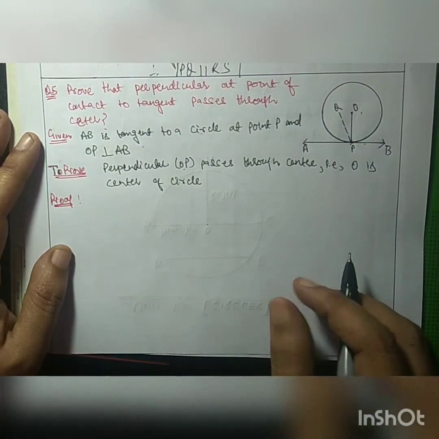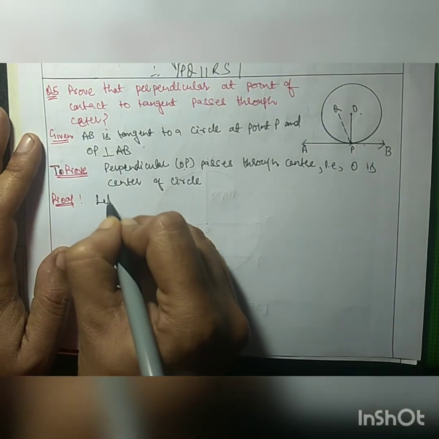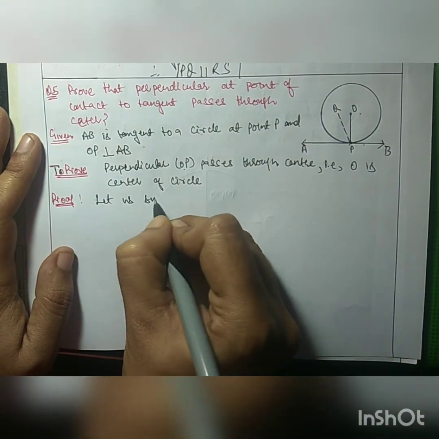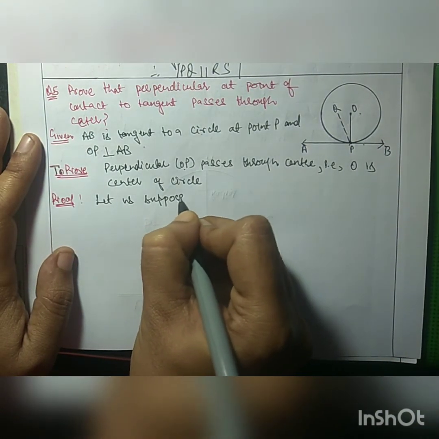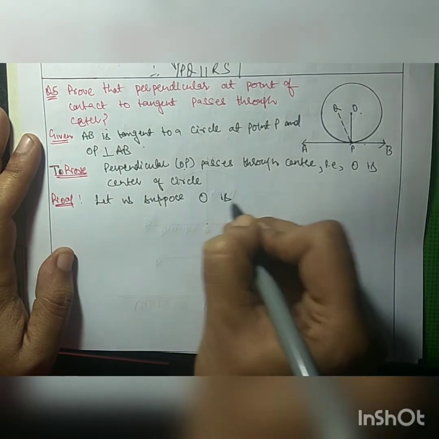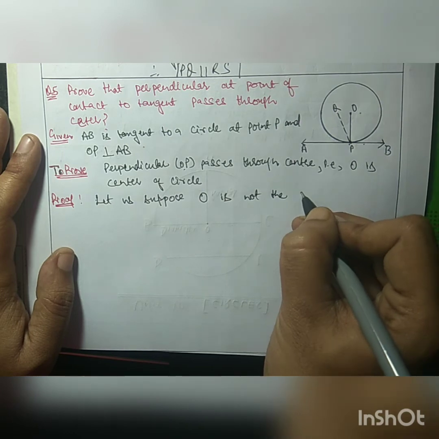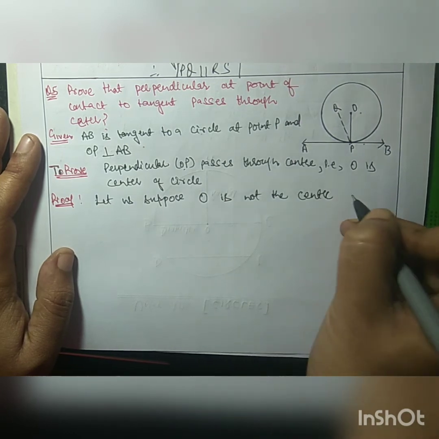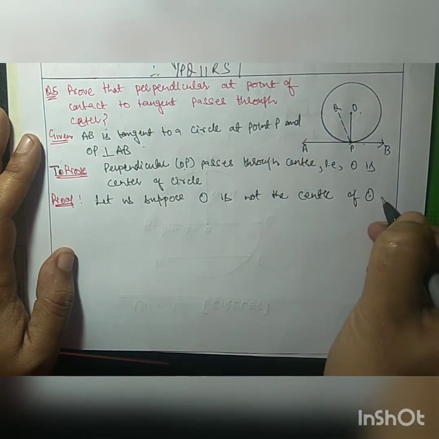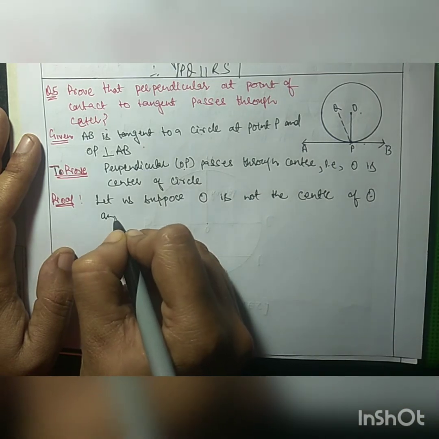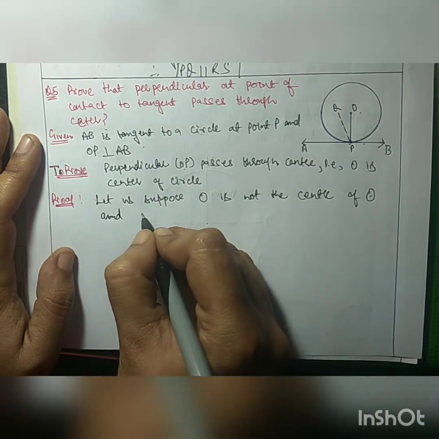So let us suppose O is not the center of the circle. If O is not the center of the circle, then there would be a center of the circle possibly.